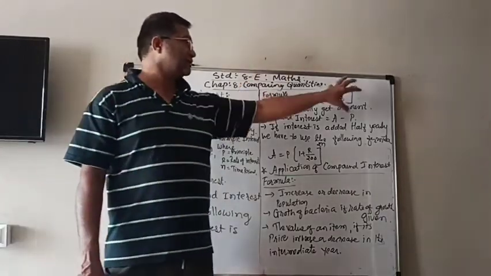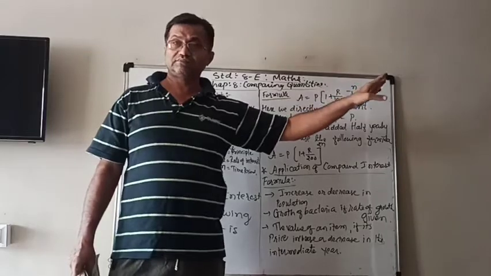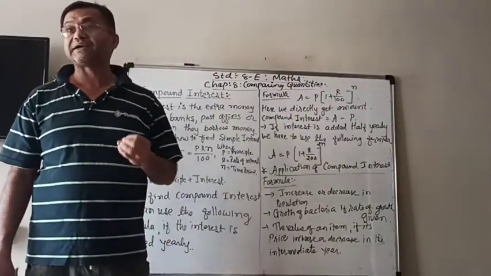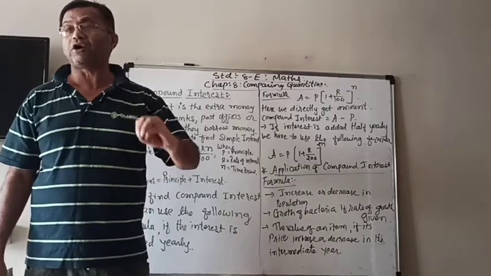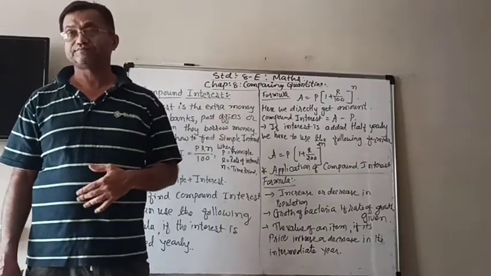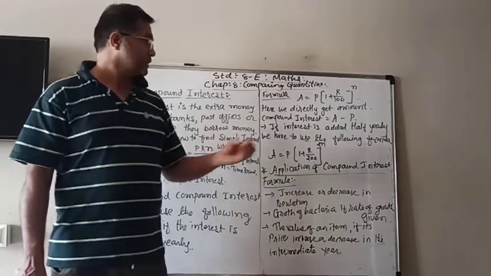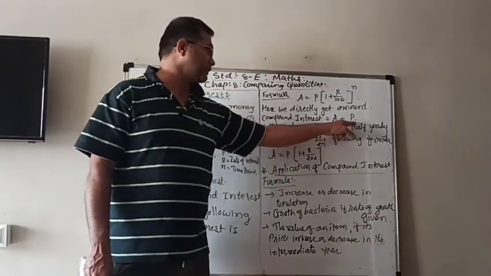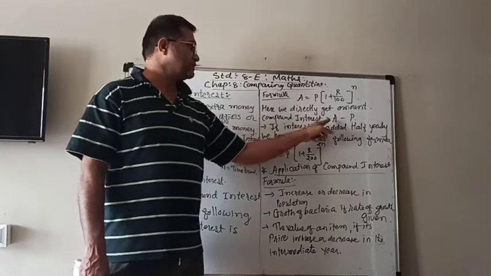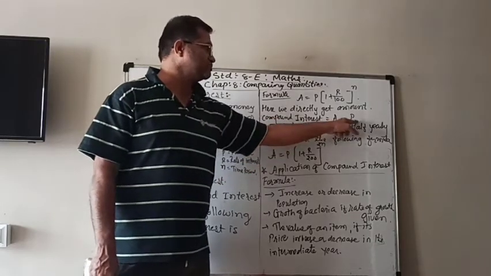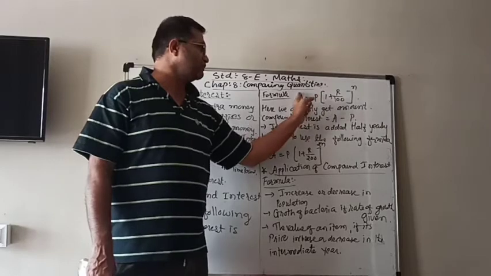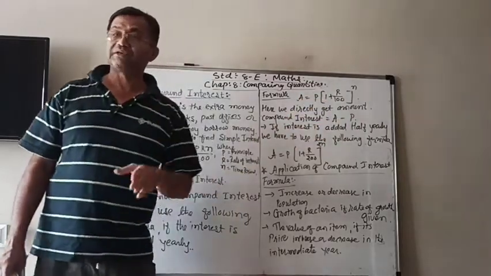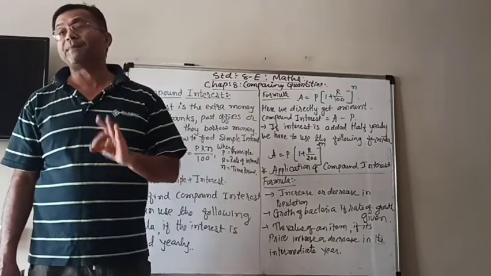So here directly you will get the amount at the end of your time period, whether 2 years or 3 years. And then from the amount we have to subtract the principal. So compound interest is equal to A minus P. You will get the compound interest.